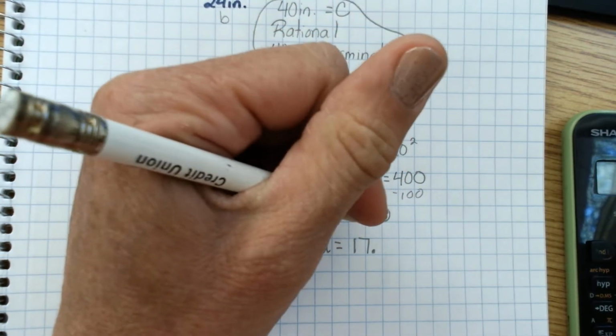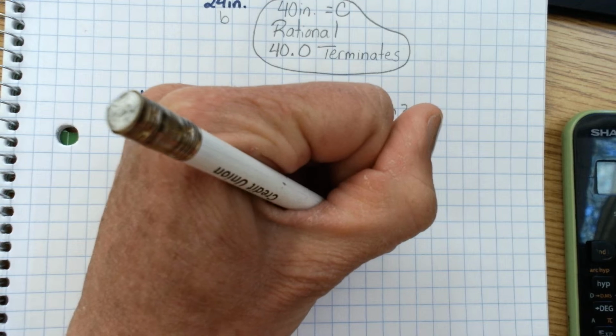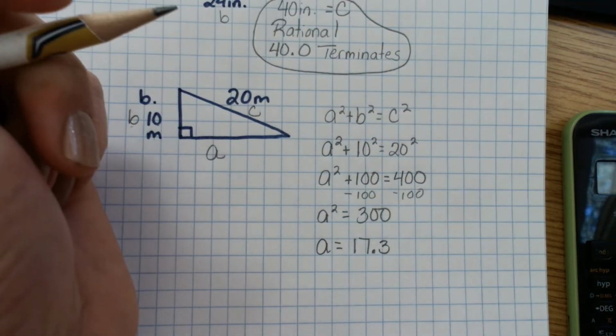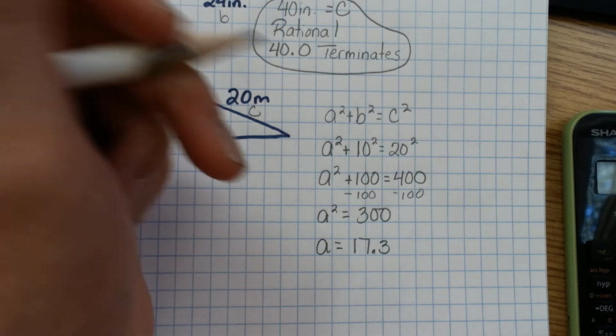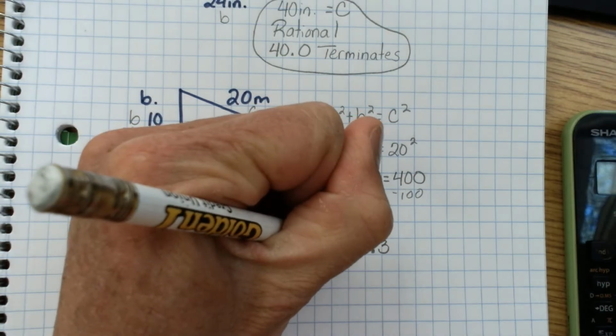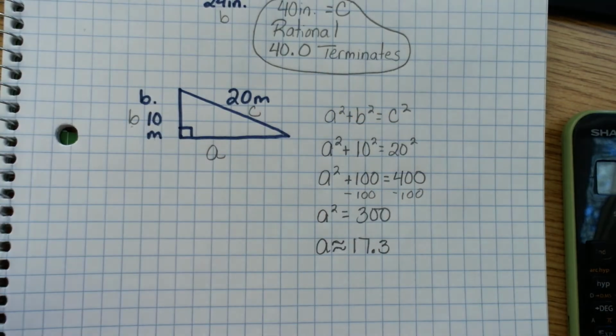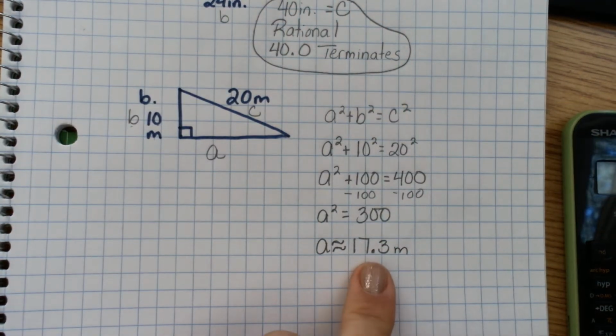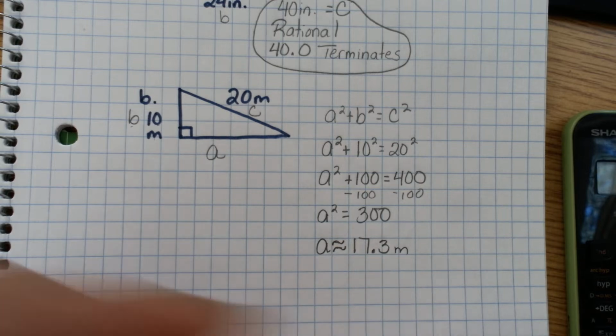That gives me a little dilemma here. I am going to round to the nearest tenth, which was our standard rule when we have long decimal numbers. So side length of a is approximately equal to 17.3 meters. This is a rational number because it terminates. Back on my calculator though, it did not terminate. It continued on and on.